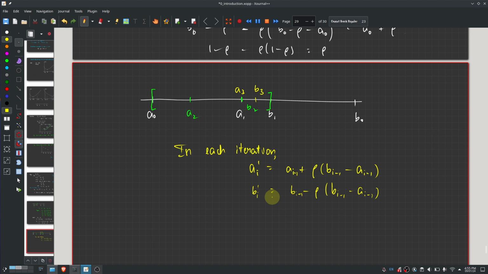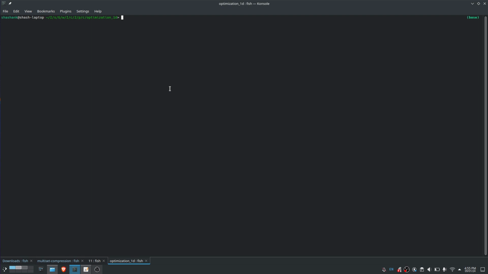So if you're not convinced, let's just try that. Let's write some functions to implement the golden section search from scratch. So what do I need? First, I need to evaluate the function.